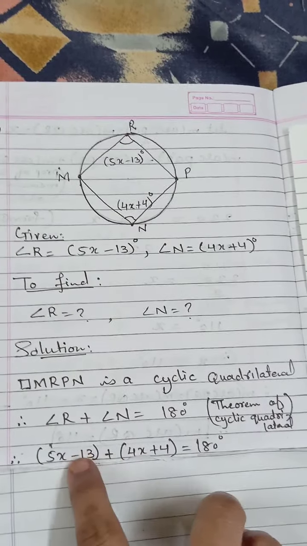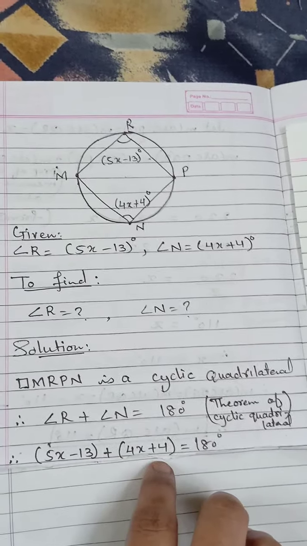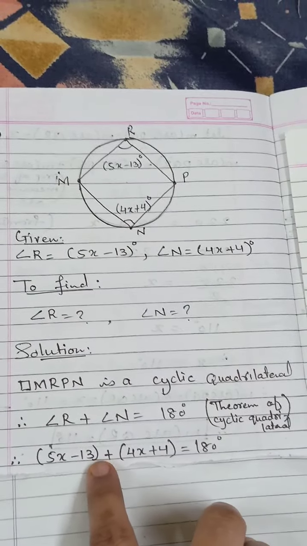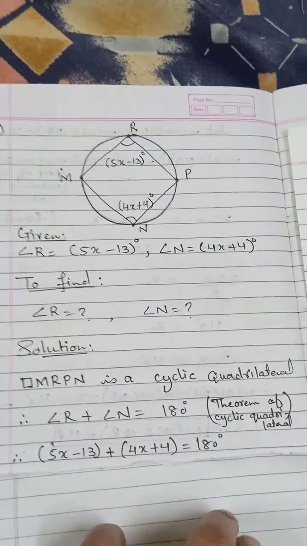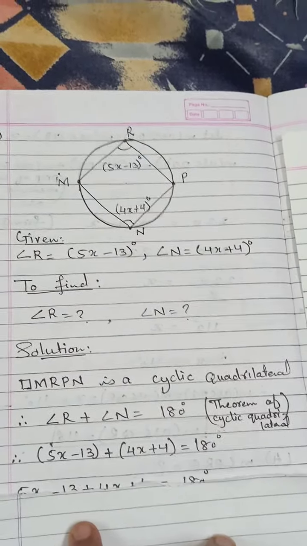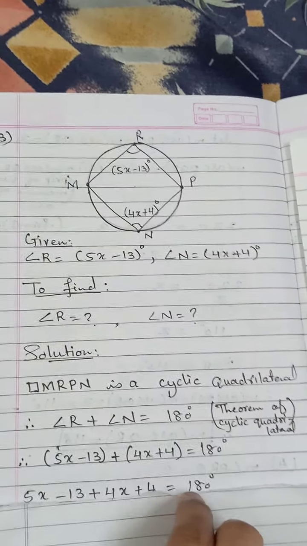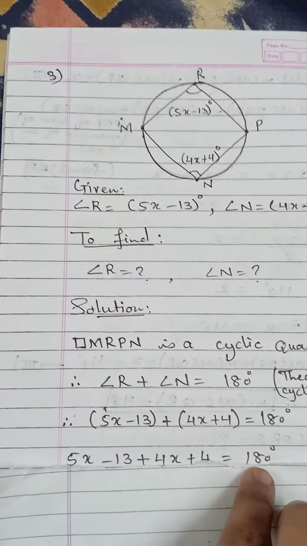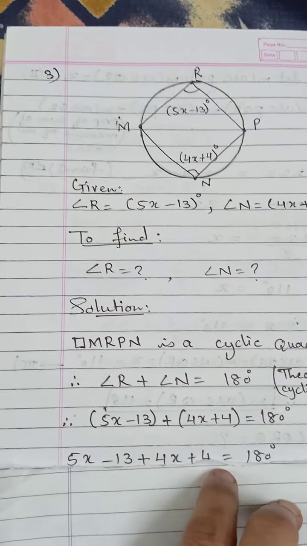Now there is a plus sign between these two brackets. So first of all we'll open the brackets, and whenever there is a plus sign between the brackets, no change happens in the second bracket. So we get 5x minus 13 plus 4x plus 4 is equal to 180 degrees. Now we will take both the x terms together and both the constant terms together.